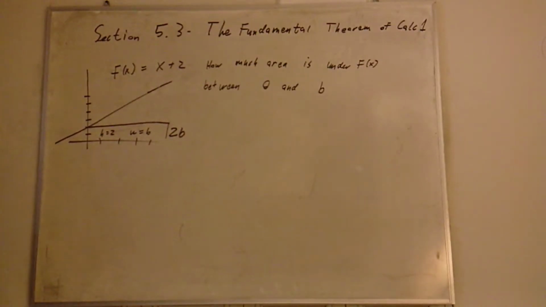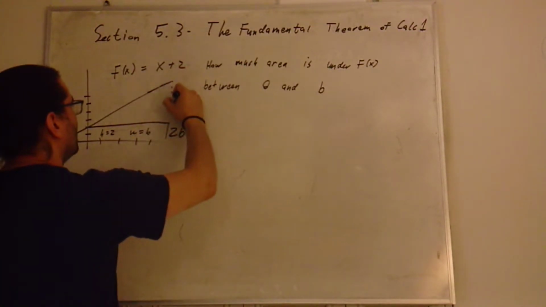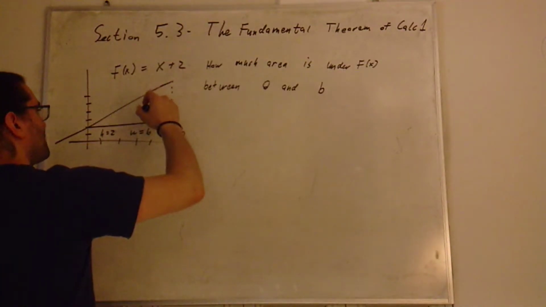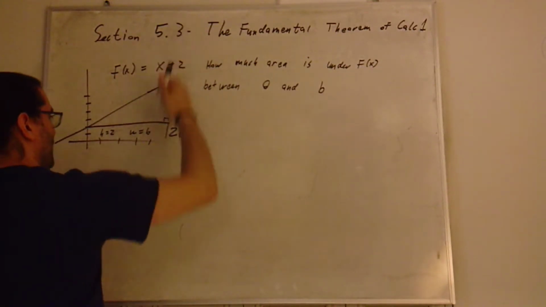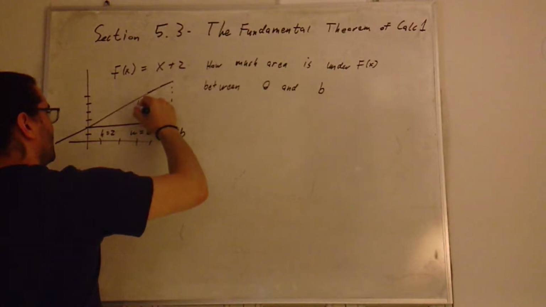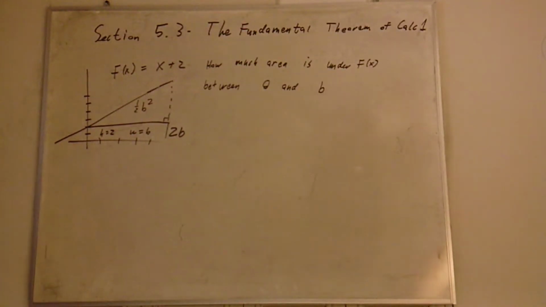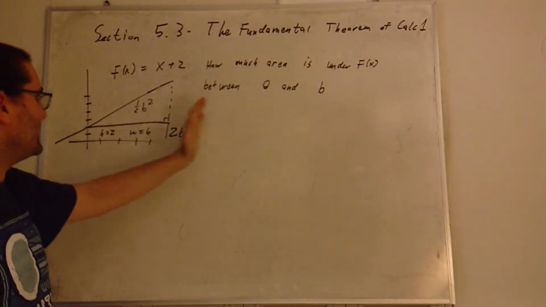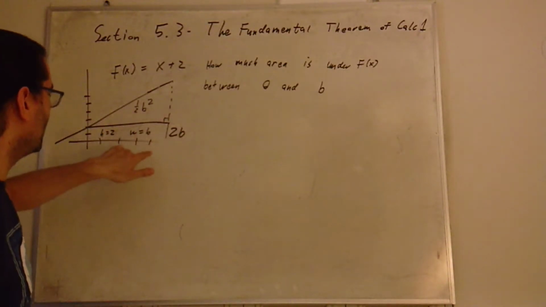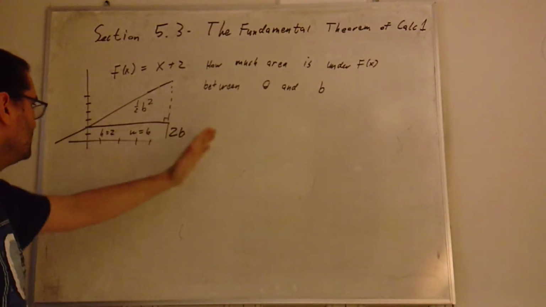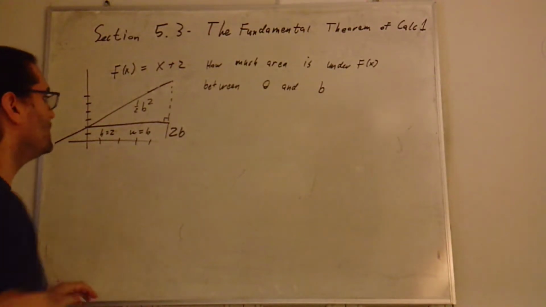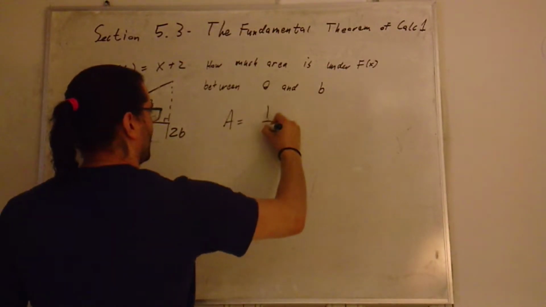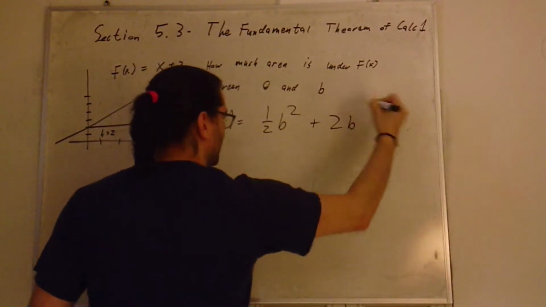And this triangle has a width of b and a height of b, so it should be 1/2 b squared. Not so bad. We can use geometry. No matter how far out you push b, you'll get 2b area from the rectangle, and 1/2 b squared area for the triangle. So the area is 1/2 b squared plus 2b.